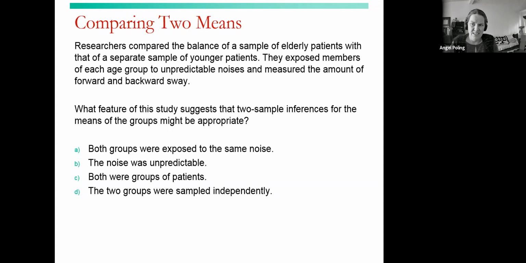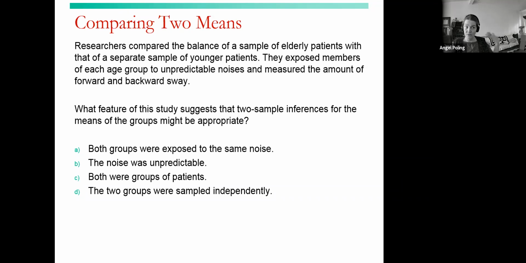So the rest of them don't really have anything to do with anything, right? So it is that we have two independent samples, right? Like that's the whole catch that we need. So as soon as I heard elderly patients versus younger patients, right? That's all we needed, right?